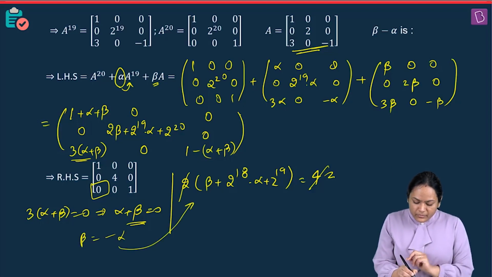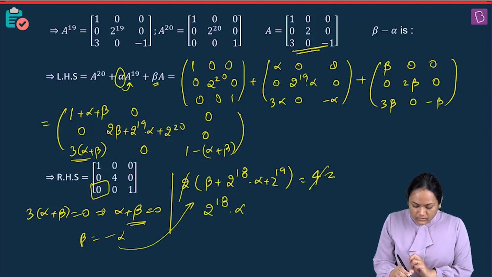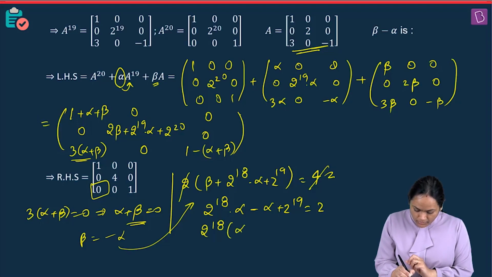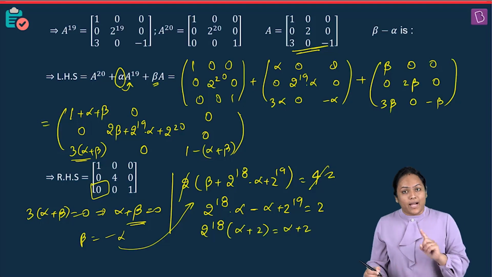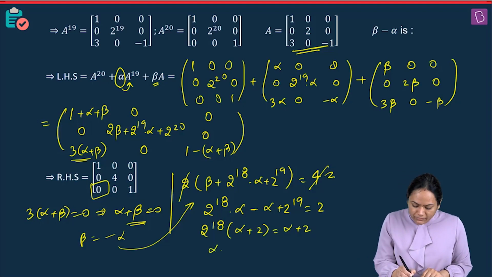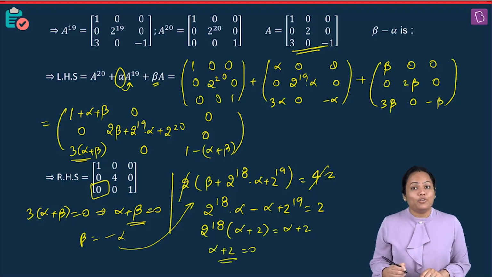So it's going to give me 2 raised to 18 into alpha minus alpha plus 2 raised to 19 is equal to 2. Further, I can say that when I take 2 raised to 18 common, it's alpha plus 2 is equal to alpha plus 2. So that means my alpha plus 2 value has to be 0, right?